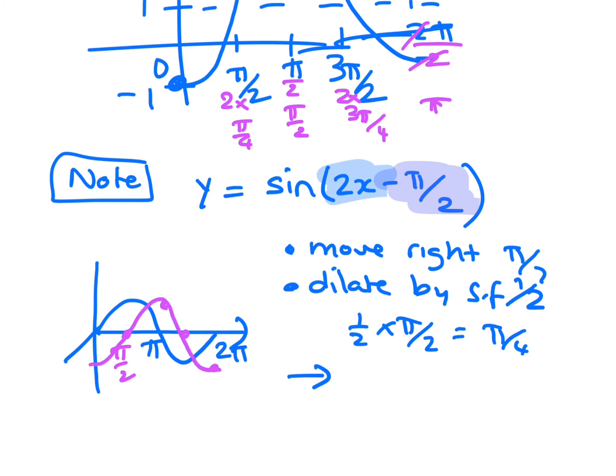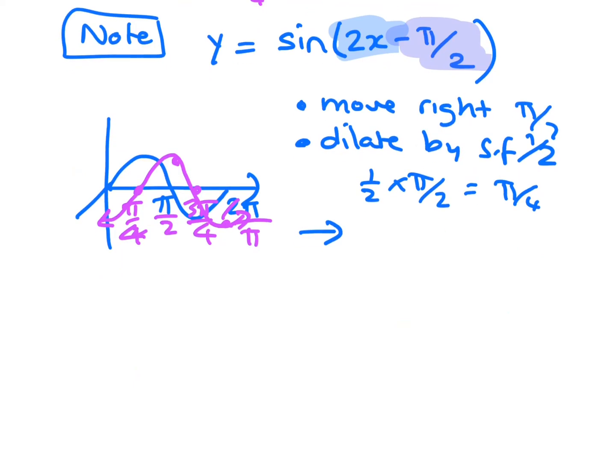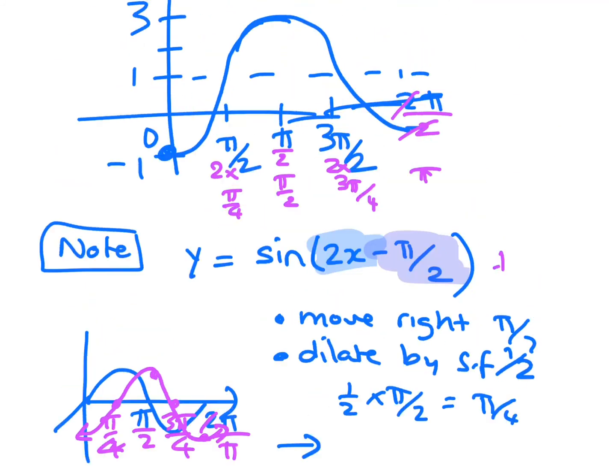So we'll go like that. Okay, so I've moved it to the right pi on 2, and then I have to dilate it. So I have to divide everything by 2. And that one will just be pi. Okay, that's all I've got for that one.